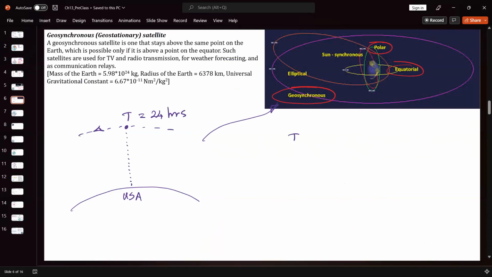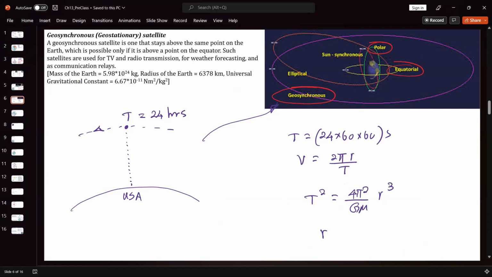So if I know the period, which is 24 hours times 60 times 60 in units of seconds, I can estimate the orbital speed of the satellite, which is simply 2 pi r divided by T. By using this information, we can calculate, for example, the orbital radius of the satellite. Because now we know the period of the satellite to the power 2 is equal to 4 pi squared divided by GM times radius cube.